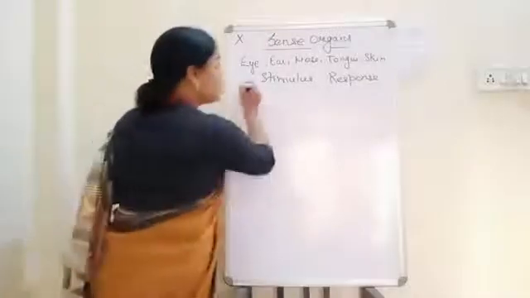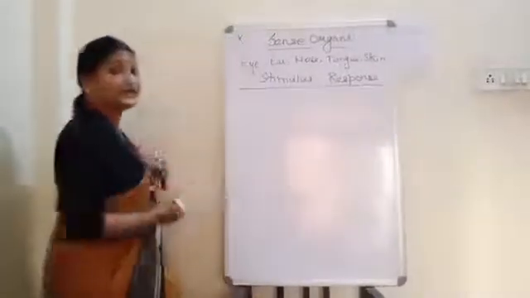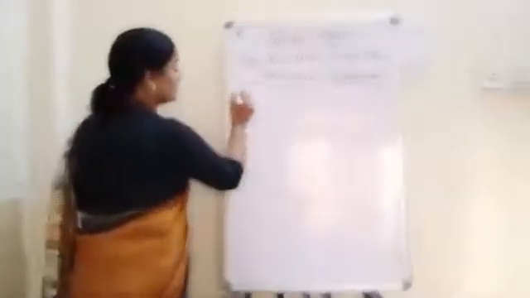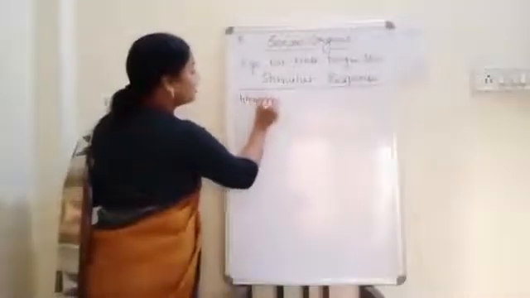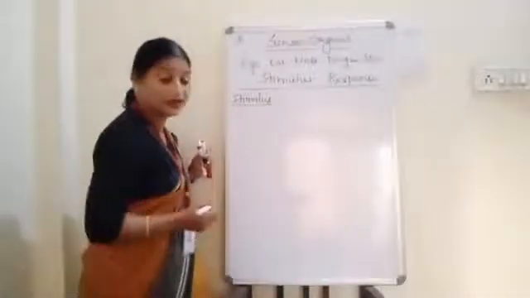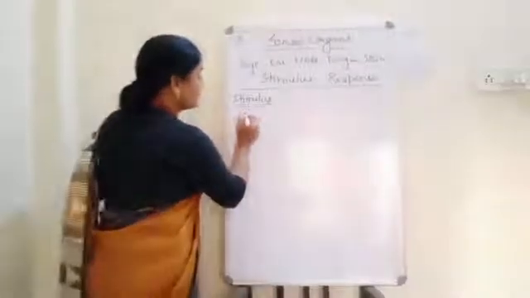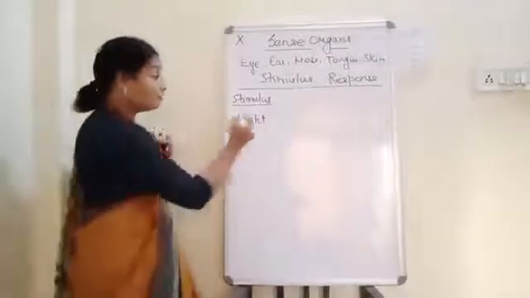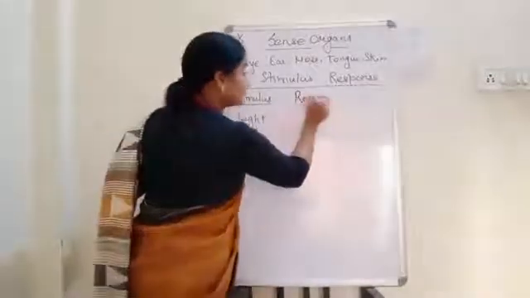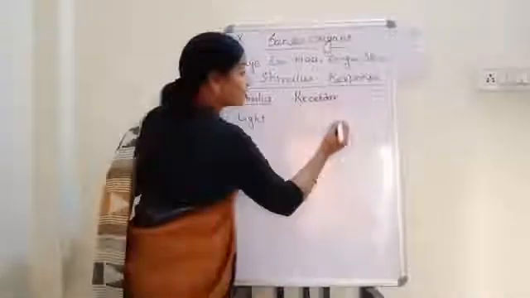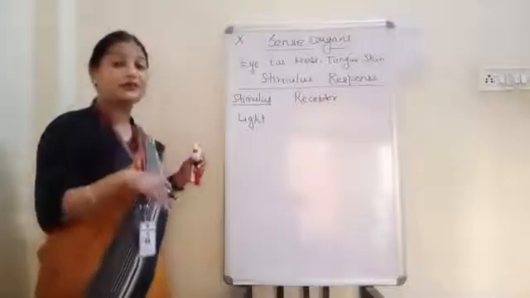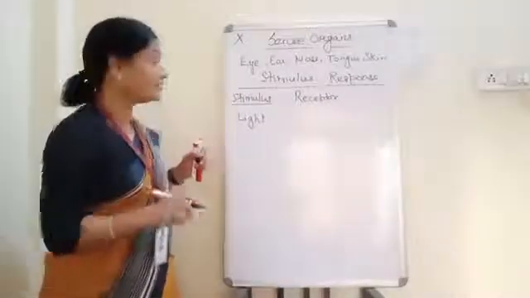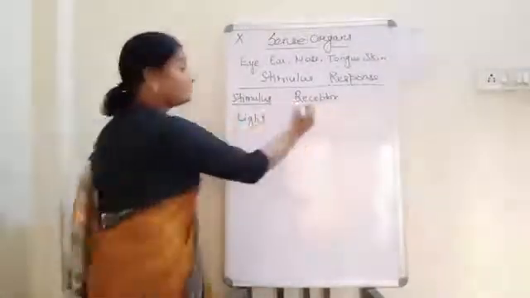Now, we can have different types of stimulus. Okay. As the number of organs we have, we will have the stimulus. For example, if the stimulus is light, okay, then what will be the receptor cell? The cell which is going to receive something from the environment, that is the receptor cell.